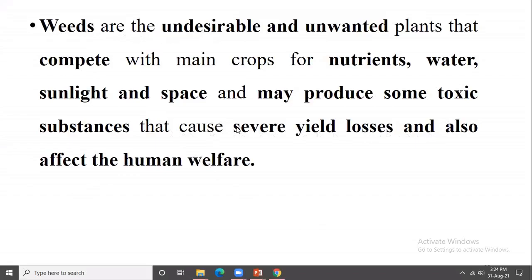Okay, what is undesirable? Tell some weeds. If you don't know English, tell some weed names in Tamil or Sinhala. Parthenium. Okay.